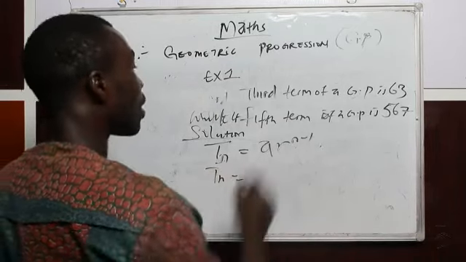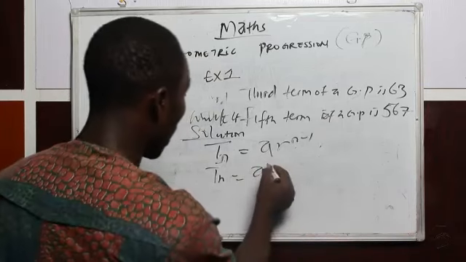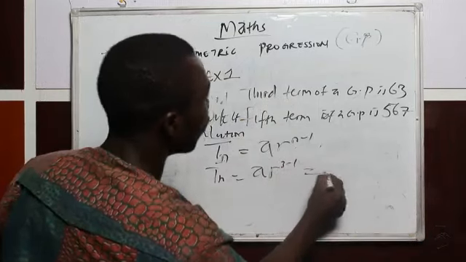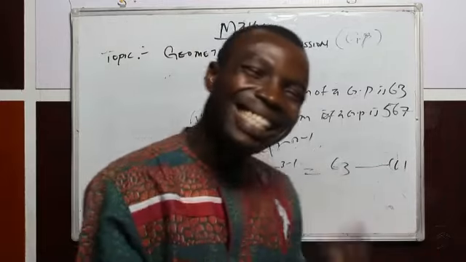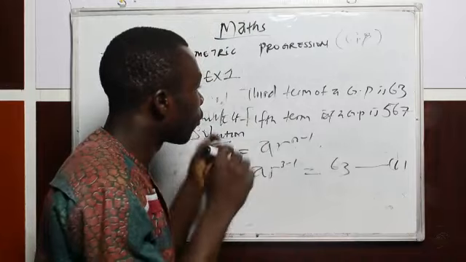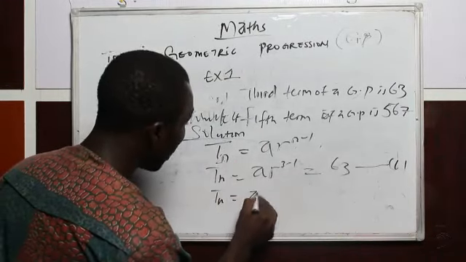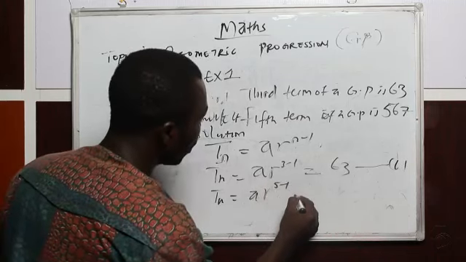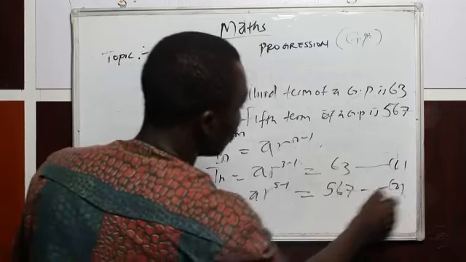Tn is equal to, what is our first term? We don't know, that is a. What is our common ratio? We don't know, r. What is the third term? a r raised to power 3 minus 1 is equal to 63. Equation 1. Because they said while its fifth term is 567, the second one is T5 equal to a r raised to power 5 minus 1 equal to 567. Equation 2.